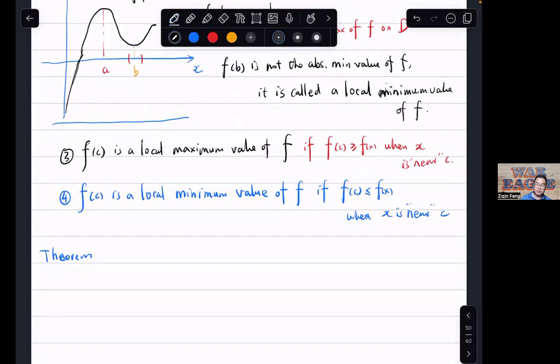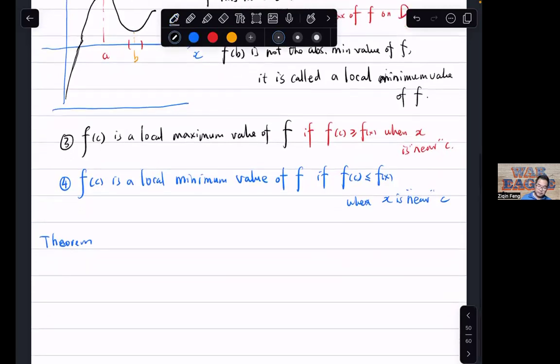So this result is called the extreme value theorem. Basically, it gives you a sufficient condition such that the function has both an absolute maximum value and an absolute minimum value.